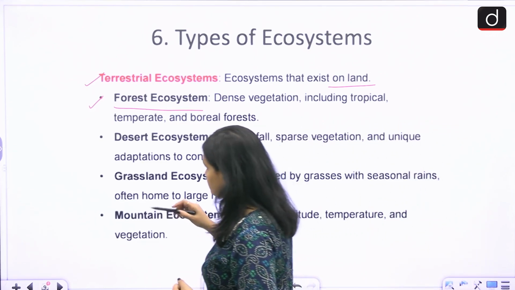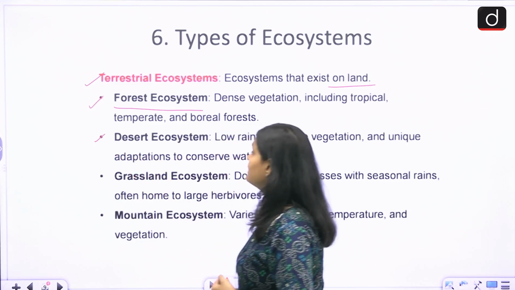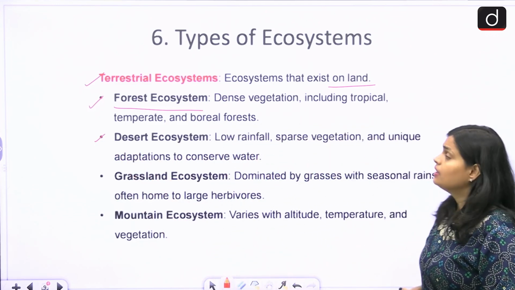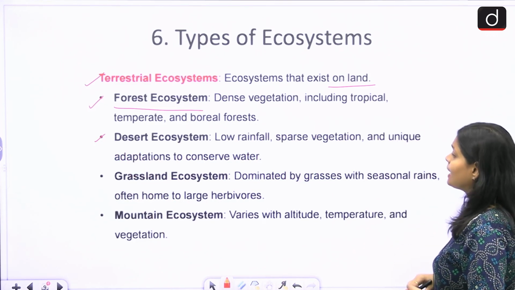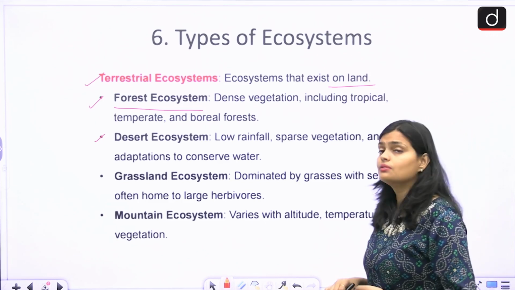Then we have the desert ecosystem, with low rainfall, sparse vegetation and unique adaptations to conserve water.